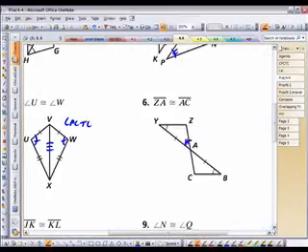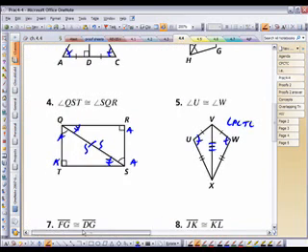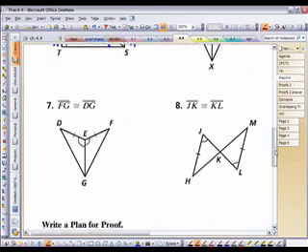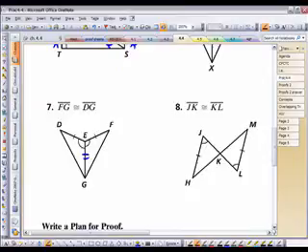Vertical angles are congruent, and so I've got angle, side, angle to show my triangles are congruent. Then again, I use CPCTC to show that ZA and AC are congruent. Reflexive here, so I've got side, angle, side. And then I would use CPCTC for FG and DG.